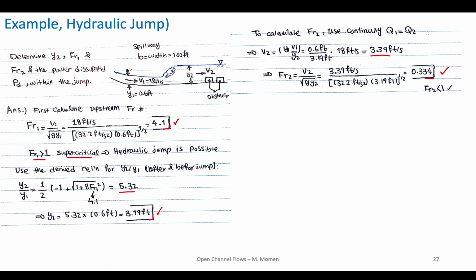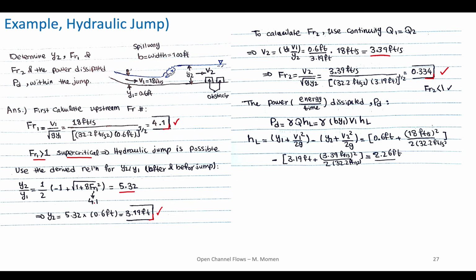So we have to use the energy equation. The definition of power is energy per unit time. So the power dissipated, PD, is related to Q and gamma through this relation: PD equals gamma Q times HL.